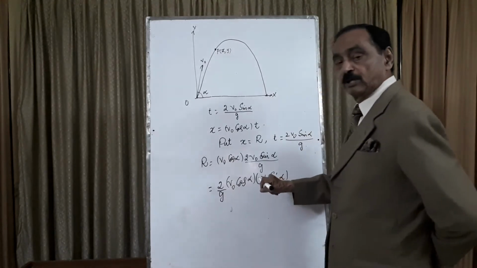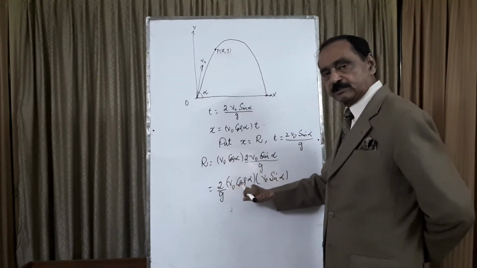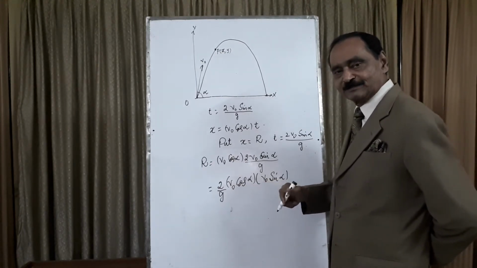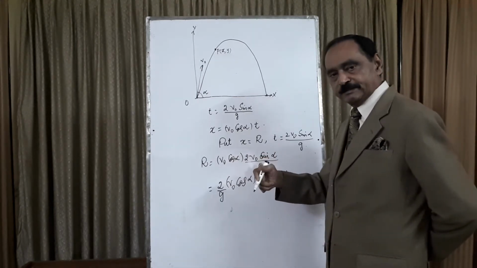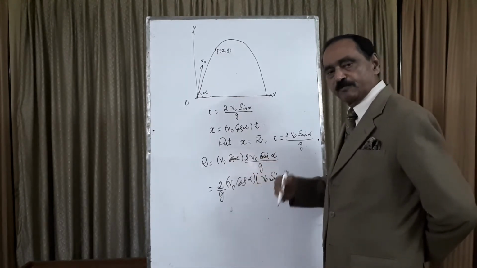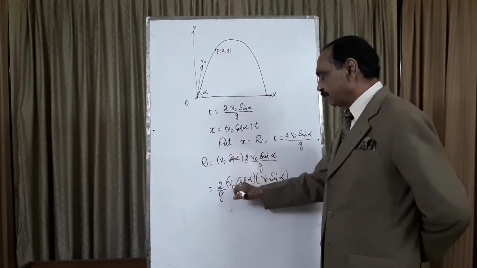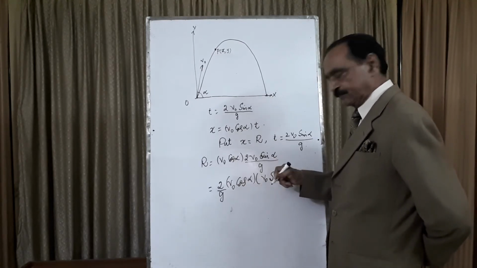This is a beautiful expression for the range, and it includes the horizontal component of the velocity as well as the vertical component of the velocity, and is very useful when we find the range of a projectile from a moving object. Moving horizontally towards the target increases the horizontal component of the velocity, and the vertical motion as well.